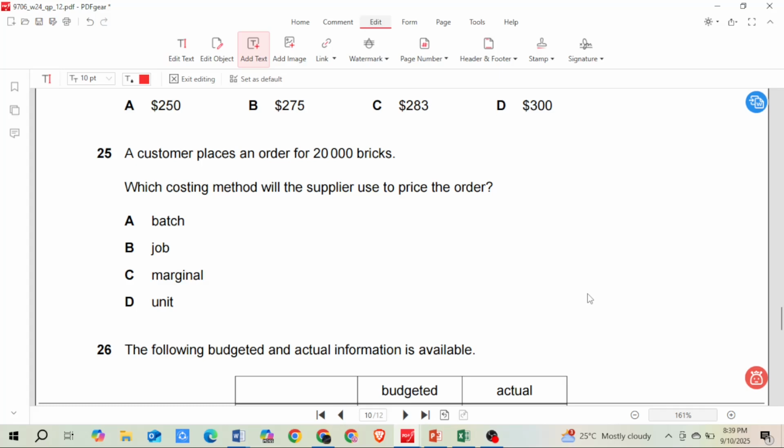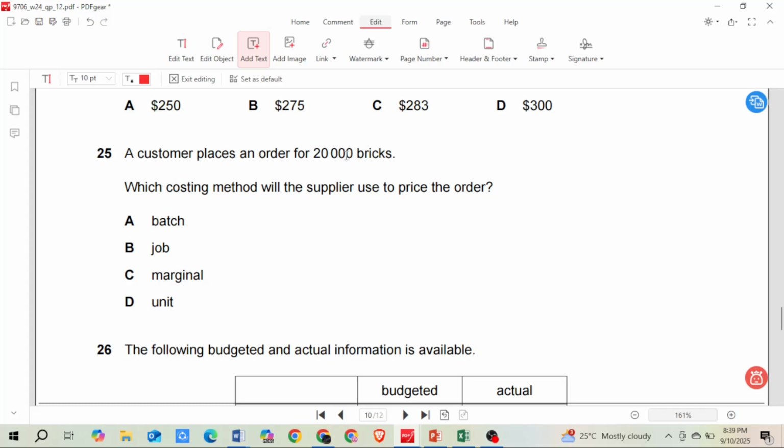A customer placed an order for 20,000 bricks. Which costing method will the supplier use to price the order? See, we are making a number of bricks, and in this case 20,000 bricks.